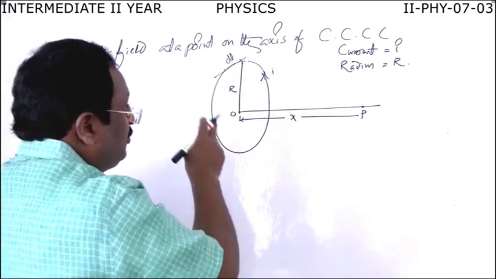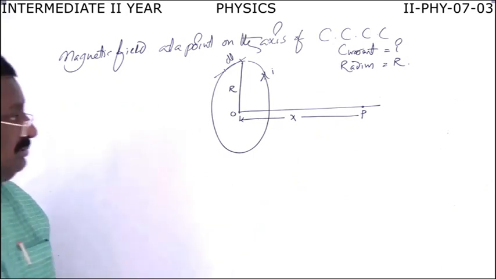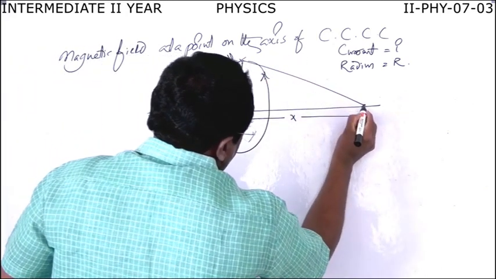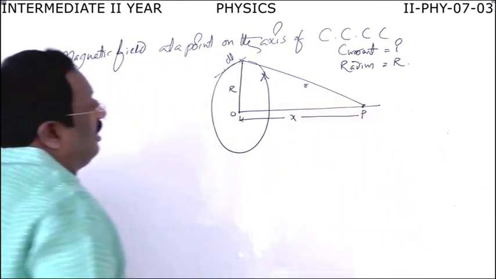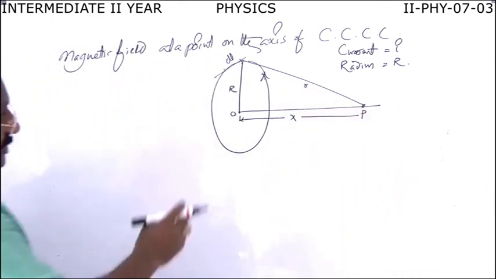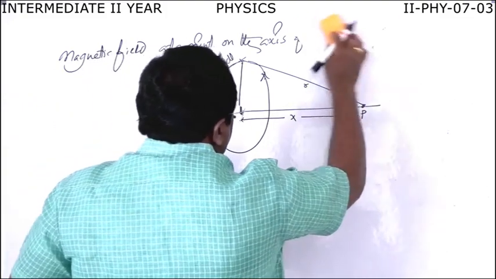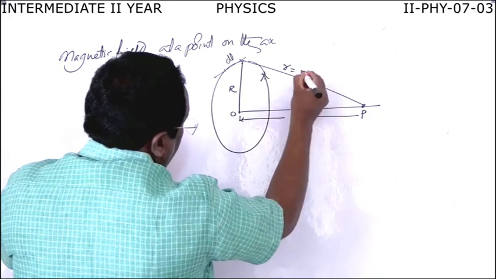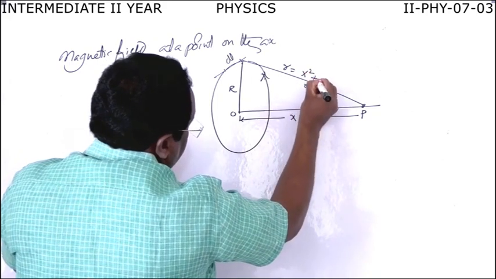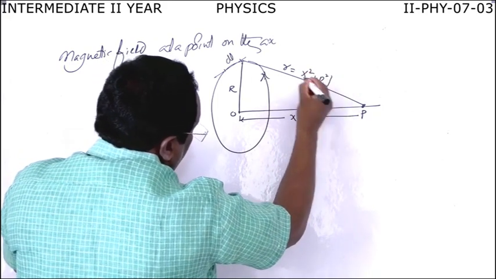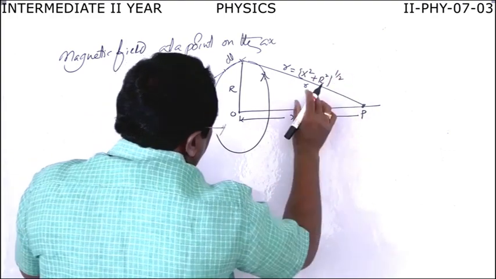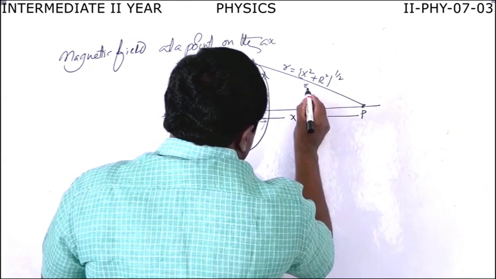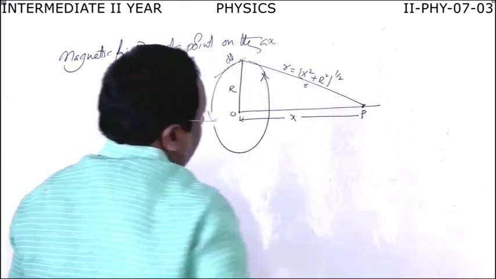We connect these 2 points. This is the position vector. From this figure, r is equal to under root of x square plus R square, whole to the power of 1 by 2, according to the Pythagoras theorem. This is x, this is R, this is small r.